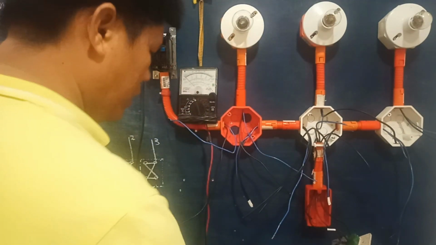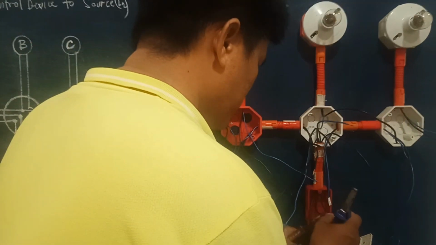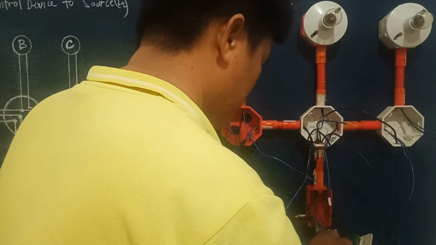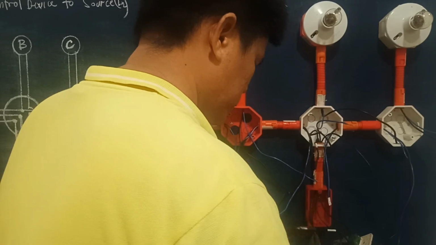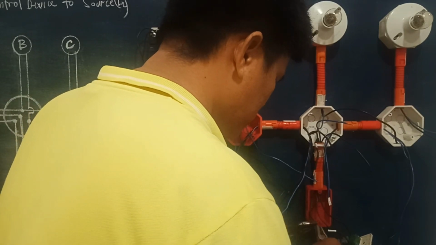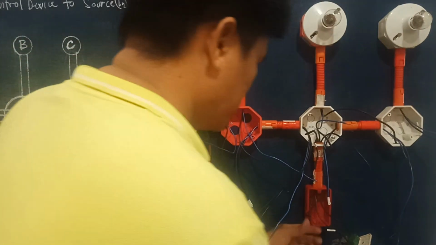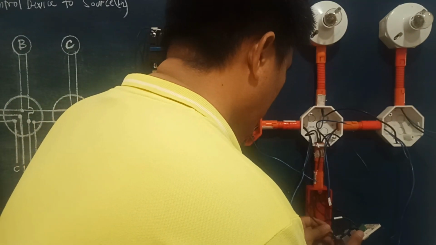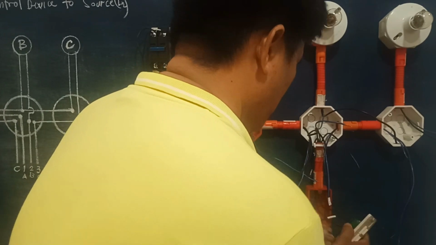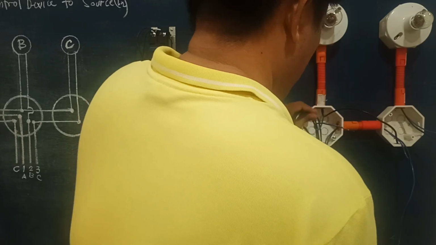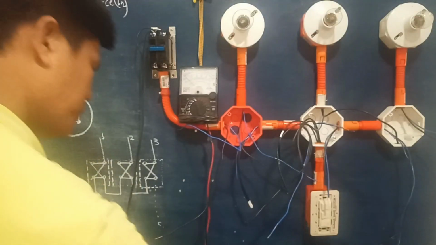Then number 3, this one. So this is intended for number 3. Okay, so that's it. Exit 1 right here.